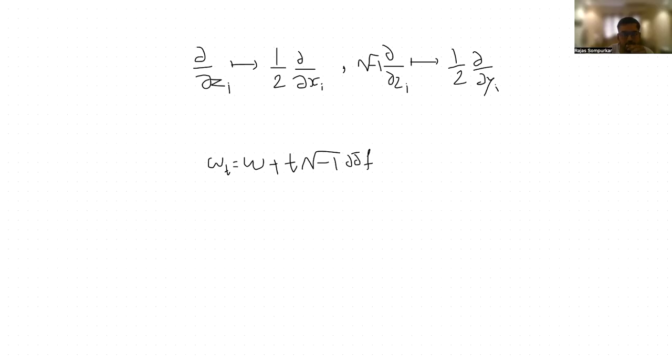And then what we do is we take this Calabi functional and compute it at omega t. Then we take the derivative of this with respect to t at t equal to 0.